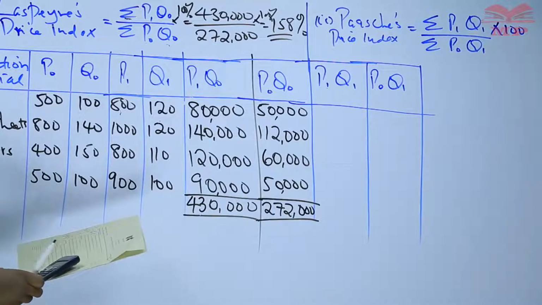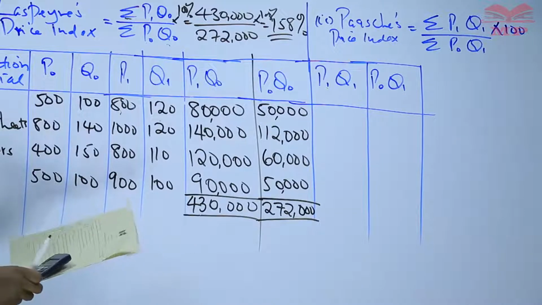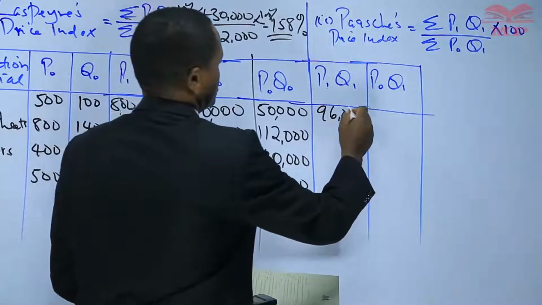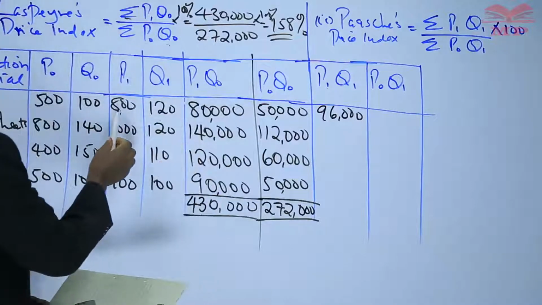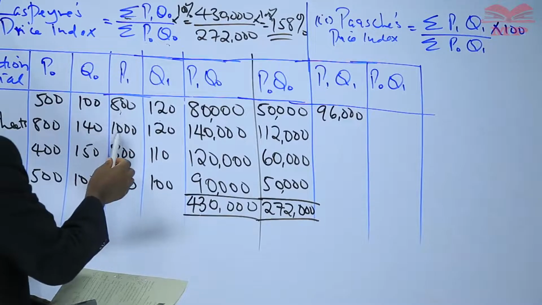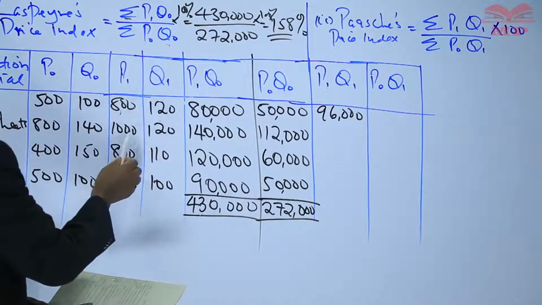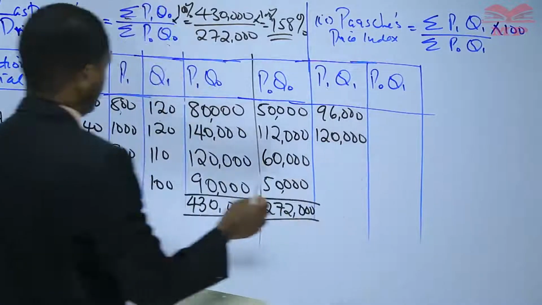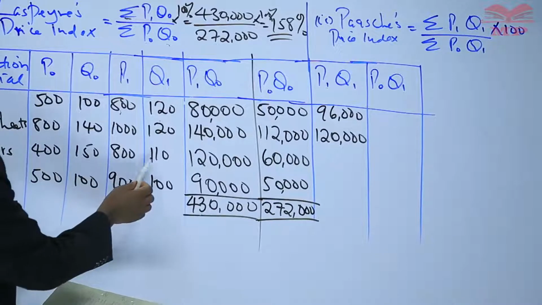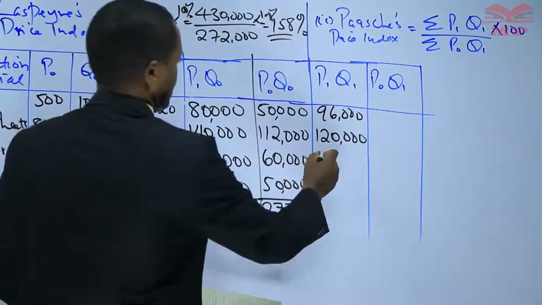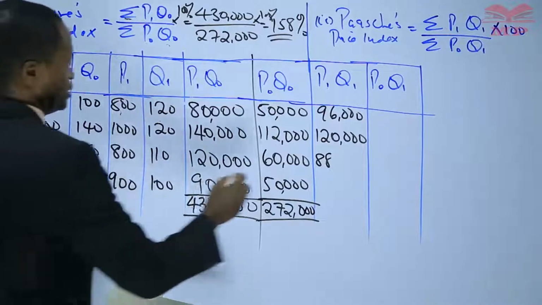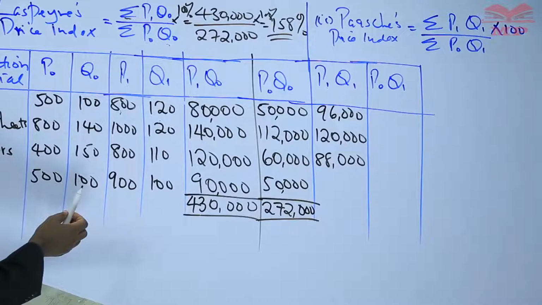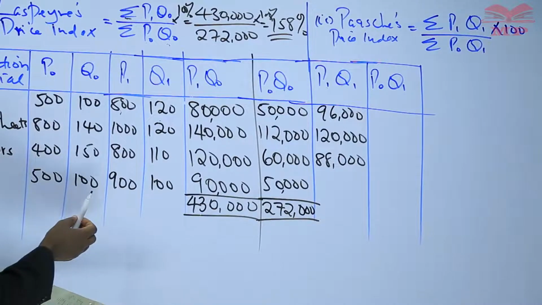This is 120 times 800, 96,000. This is 1,000 times 120, so 120,000. 800 times 110 is 88, and 3 zeros. Am I calculating the right thing?